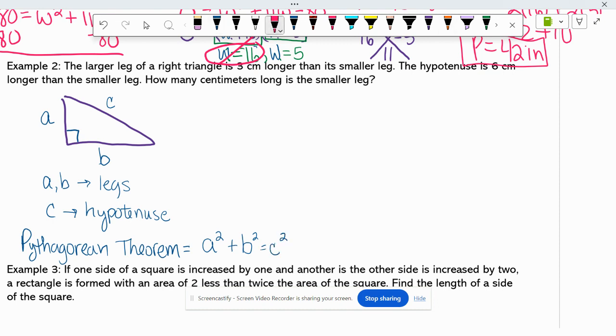So when you have a triangle that's missing a side, a right triangle, you're going to have to use the Pythagorean theorem. And it is specifically for the right triangle.